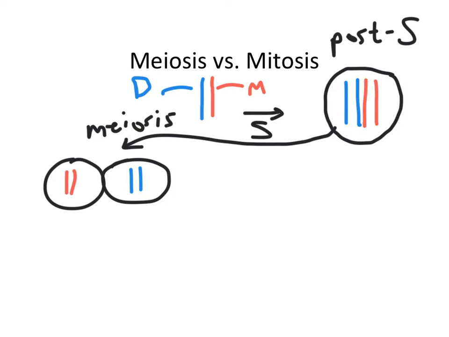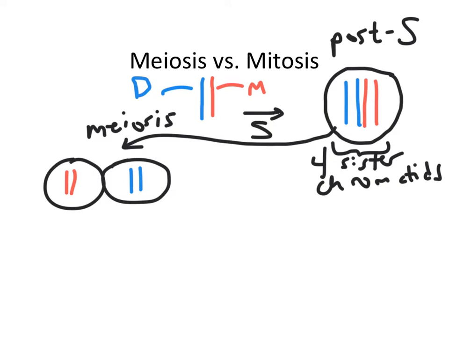And now I need to throw in a little bit of terminology that's really important. I've heard some of you use the term chromatid at some point in the past in this class. Here we have 4 sister chromatids. I want you to know that I really apologize on behalf of all of the geneticists in the world that did this to you. A chromatid is a double-stranded double helix.